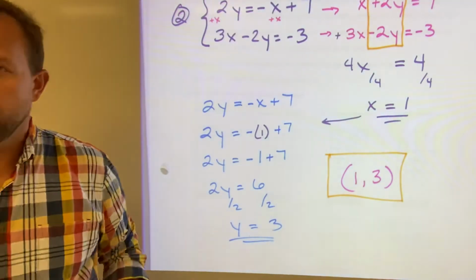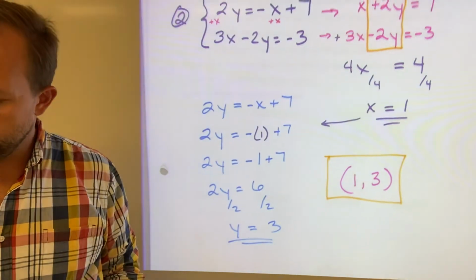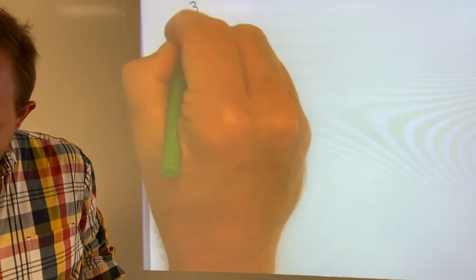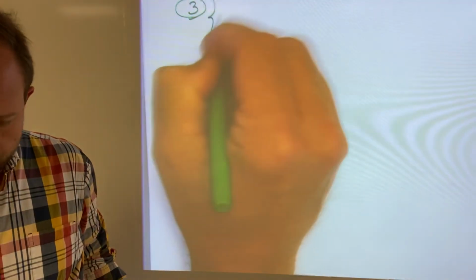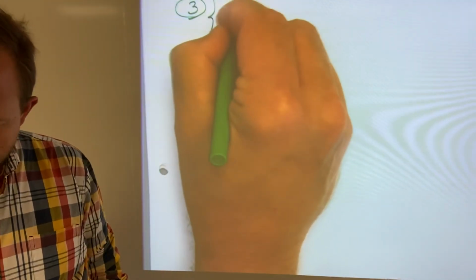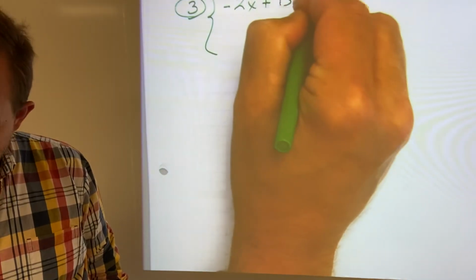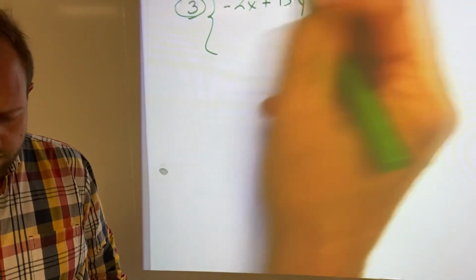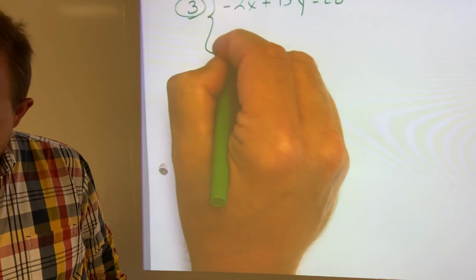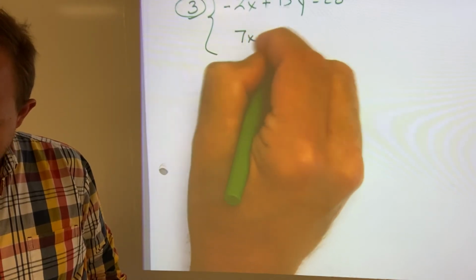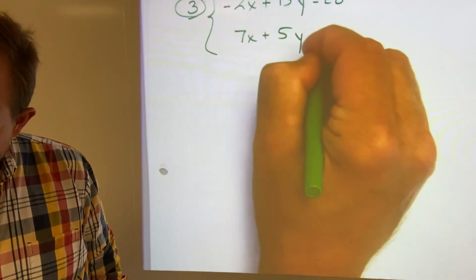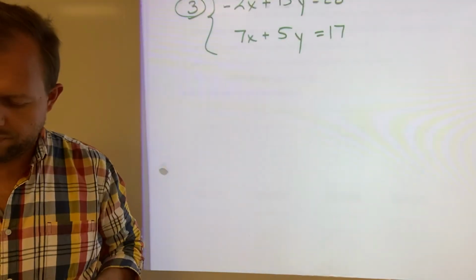Again, our examples, as we continue, we're going to ramp them up, make them a little harder. So let's look at a third example. Negative 2x plus 15y equals 28, and 7x plus 5y equals 17.